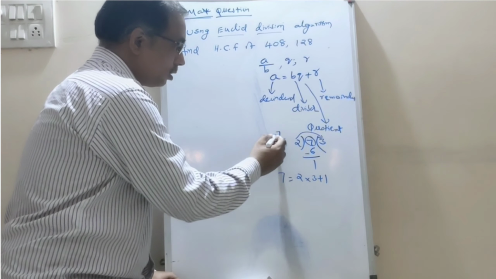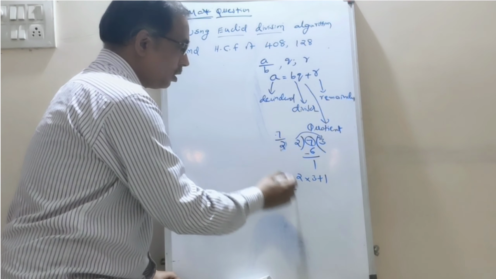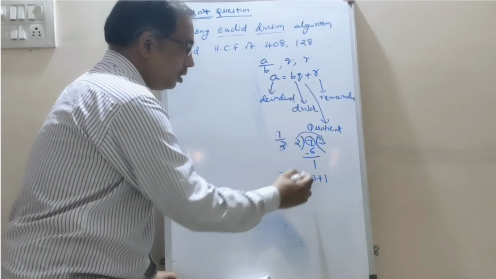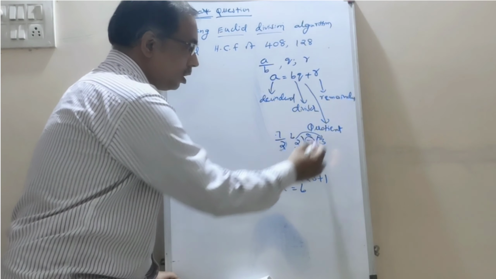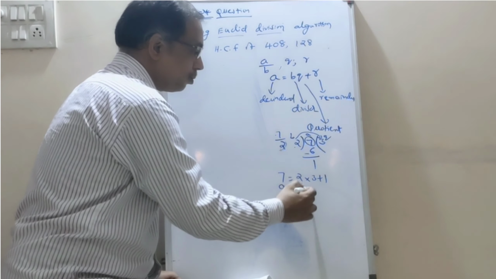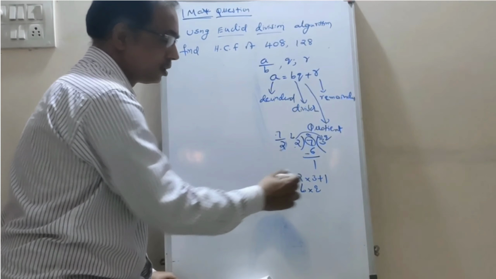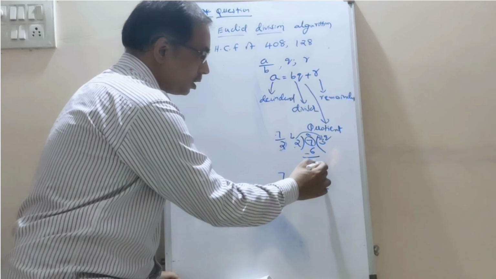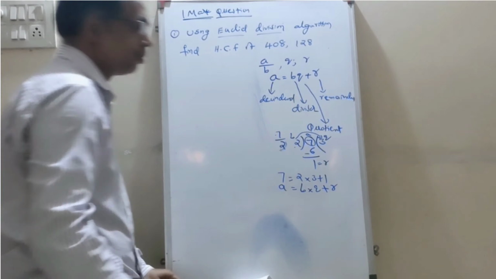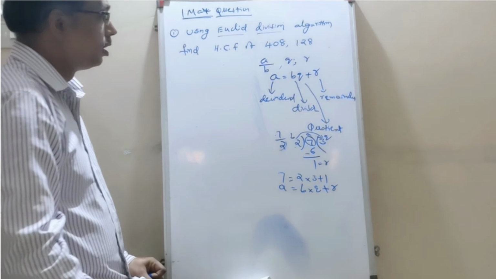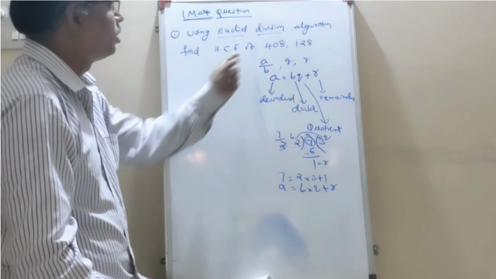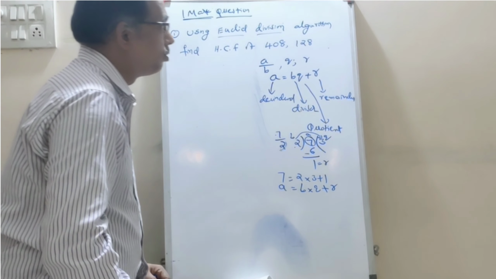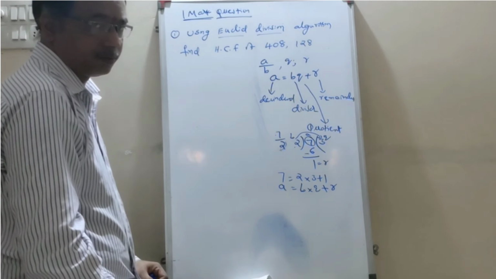Here 7 is taken as A, 2 is taken as B, 3 is taken as Q and 1 is taken as R. That is A is equal to BQ plus R. So by using these type of equations, we have to find the common factor of 408 and 128.